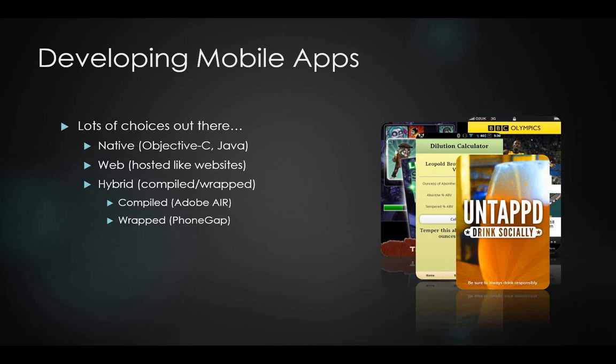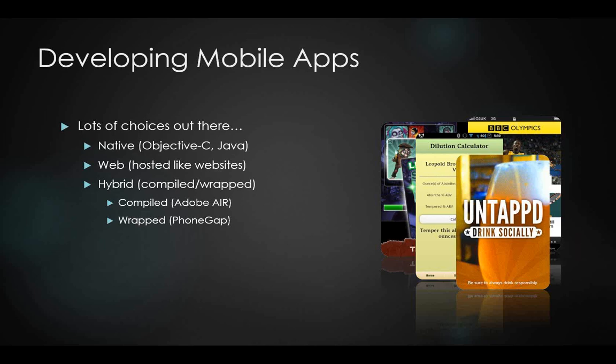So the third option, and this is where PhoneGap actually lies, is this sort of hybrid solution where you're developing in some other technology or some other platform, and then you either compile down to an application, such as the case if you're using Flash, you can compile down to Adobe AIR, which can then be distributed as an APK through the Android store or through iOS or whatever.